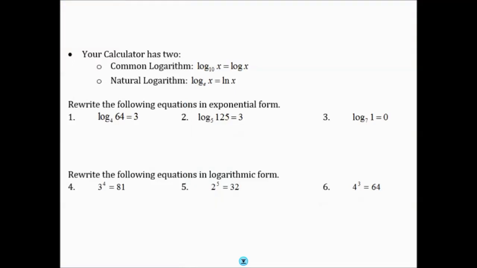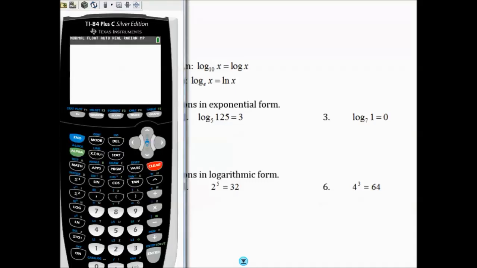The natural logarithm is log base e. E is an irrational constant, similar to pi, and log base e is abbreviated natural log, or ln. So this ln button, right under the log button, is the natural log.